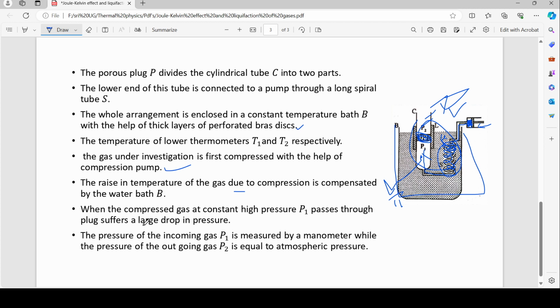Now the compressed gas at a constant high pressure P1 passes through the porous plug. Here it contains high pressure P1, because from this side we are pressing. This highly compressed gas comes in this direction, enters this region and then passes through the porous plug.